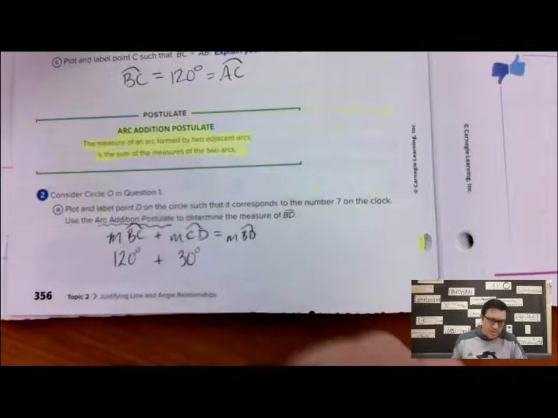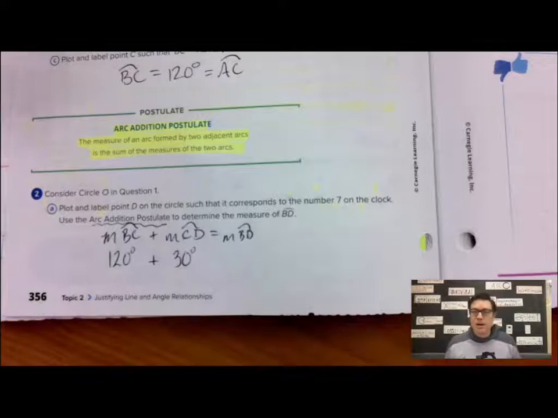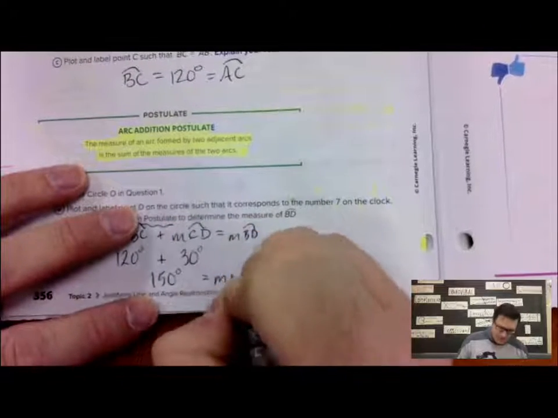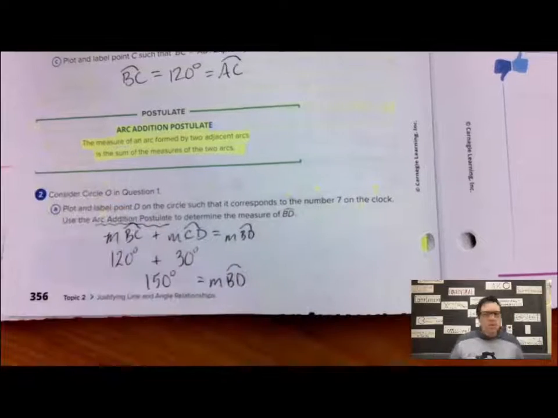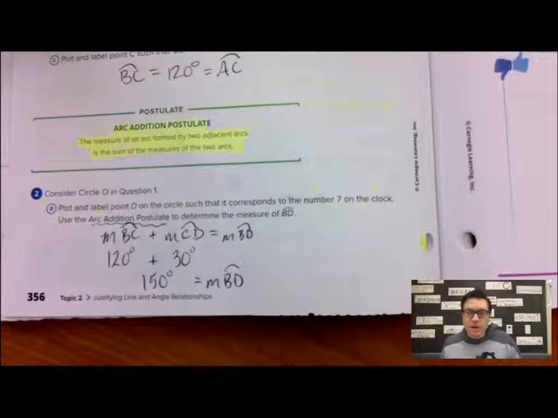When I add them together, 120 plus 30, mental math, think about it in terms of money. If you don't know right away, $120 plus $30, I don't want to lose out on any money, I better know how to add them together. It's 150. That's the measure of arc BD. Seriously, if you can't do mental math with money, you're in trouble. So practice your mental math for money so you don't get caught up in that noise.